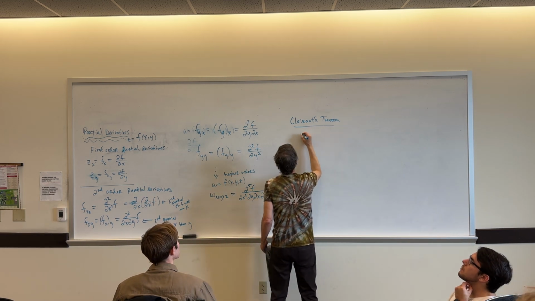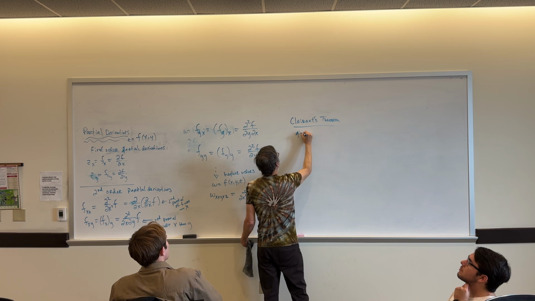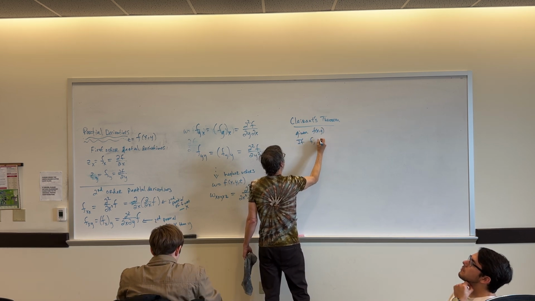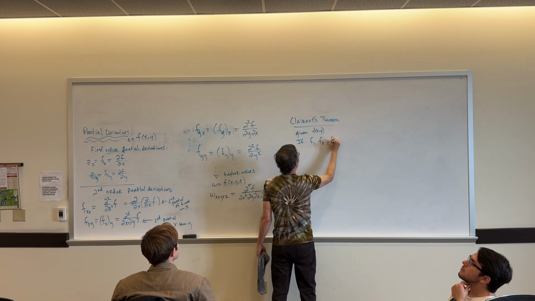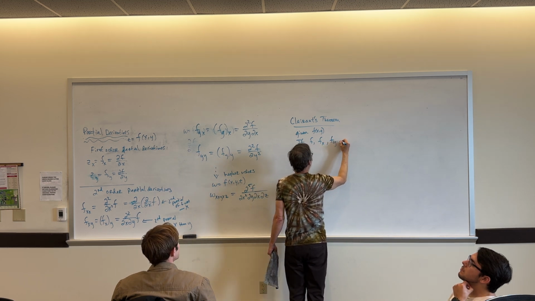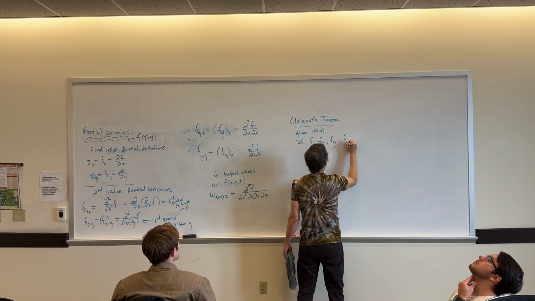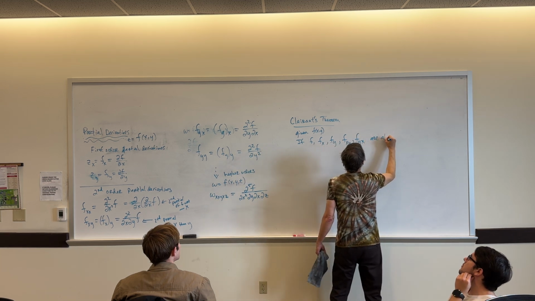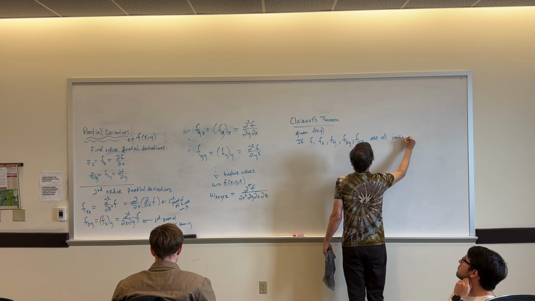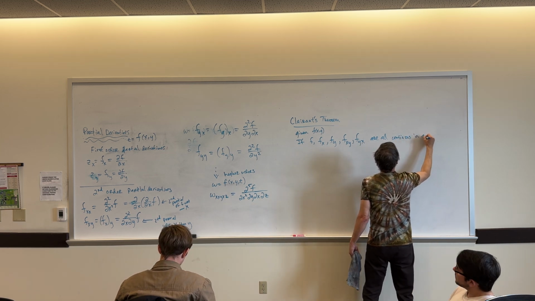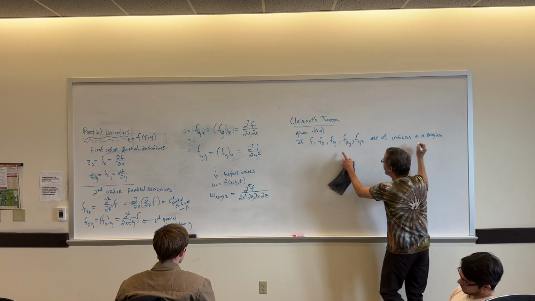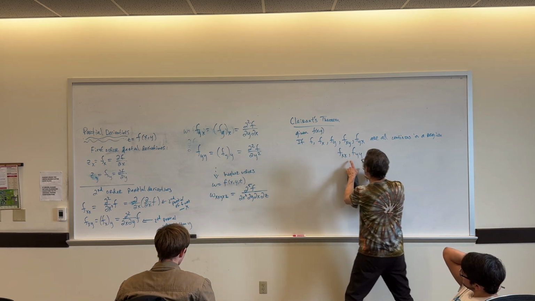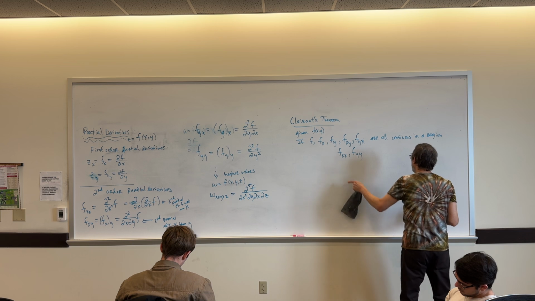So Clairaut's theorem says, given f of x, y, if f with respect to x, partial with respect to y, partial with respect to xy, partial with respect to yx are all continuous in a region, and probably we also want these other pure partials too.